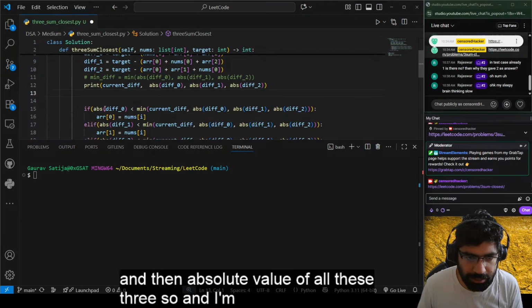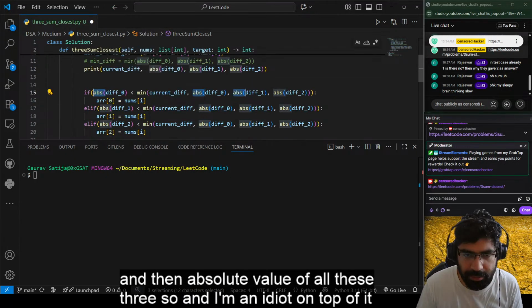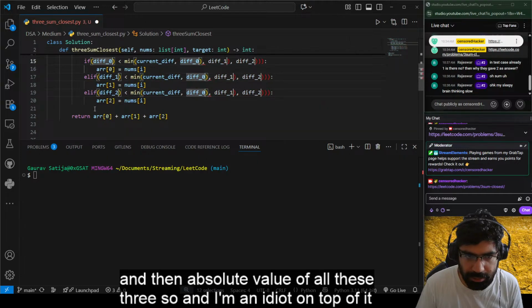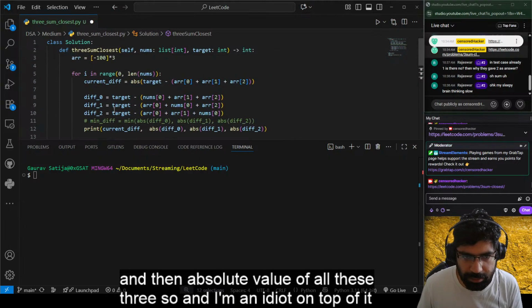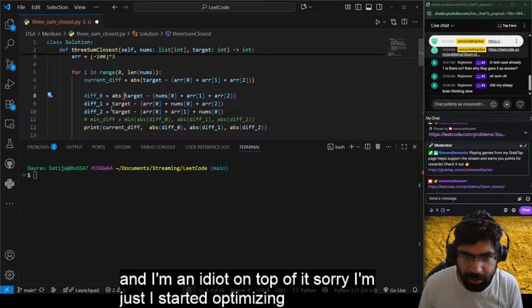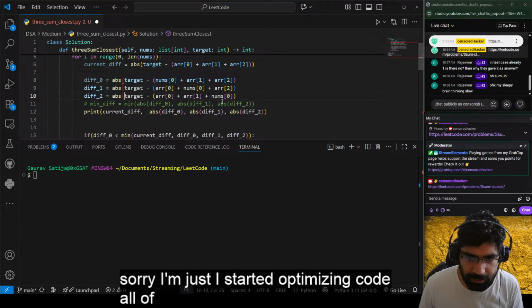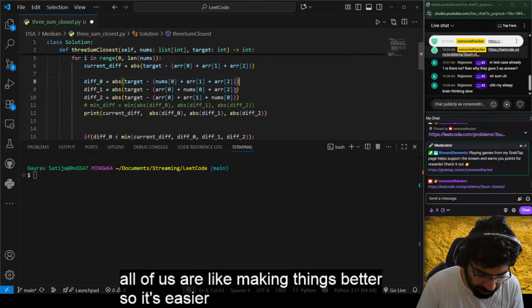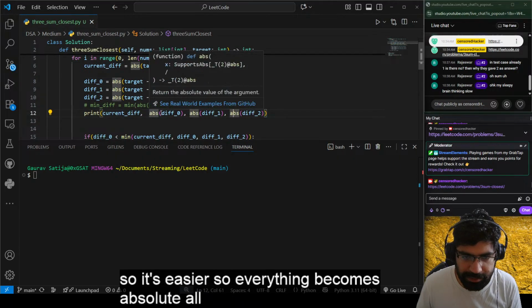And I'm an idiot on top of it. Sorry, I started optimizing code all of a sudden. So it's easier, everything becomes absolute all by itself.